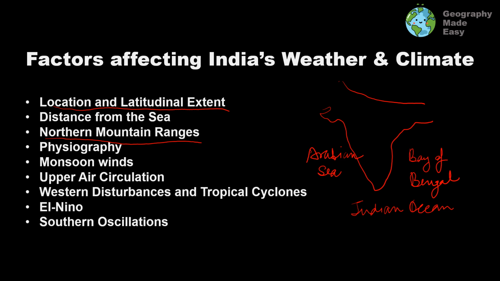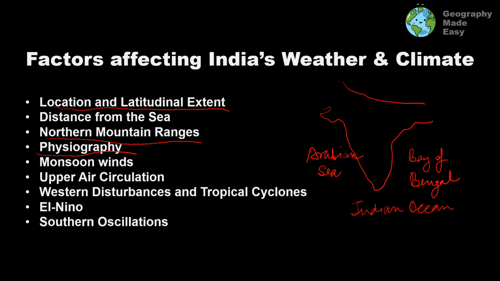The next point is physiography. Physiography means the physical form of the country, and we have discussed in detail in the previous chapter the different types of physiography that exist in the Indian subcontinent. The physiography of the country influences other climatic factors such as air temperature, atmospheric pressure, direction of wind, and amount of rainfall.